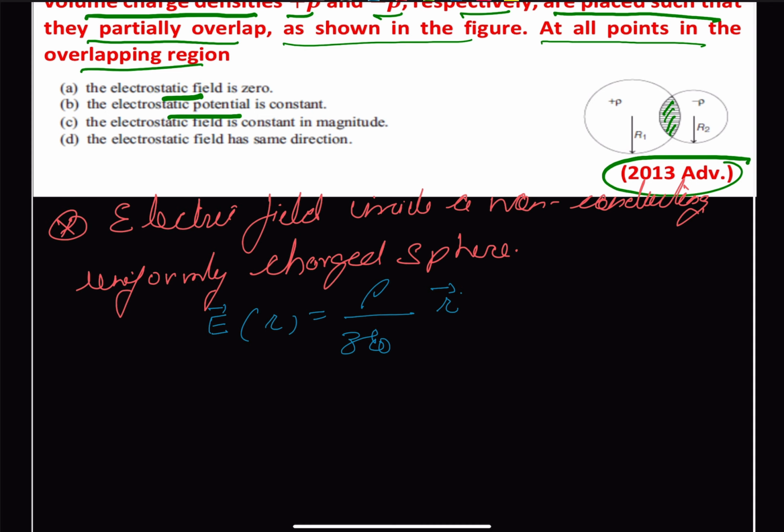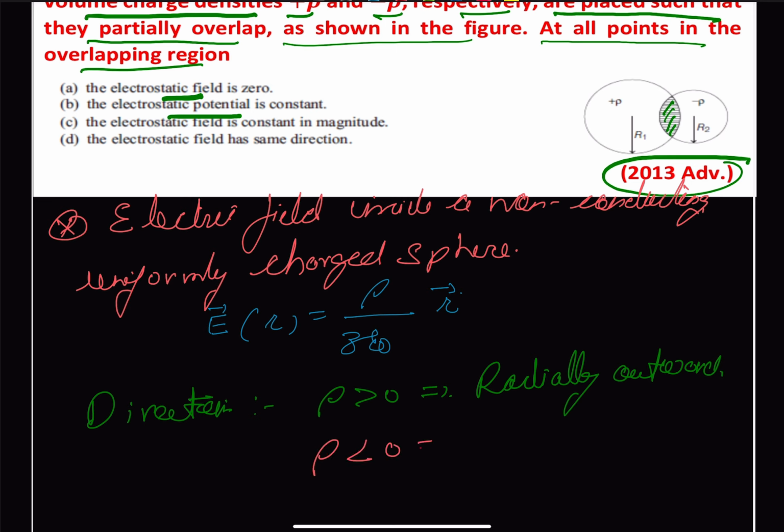We are mainly interested in magnitude and direction. The direction will depend upon the value of rho. If rho is greater than 0, then the direction will be radially outward, and if rho is less than 0, then it will be inward.